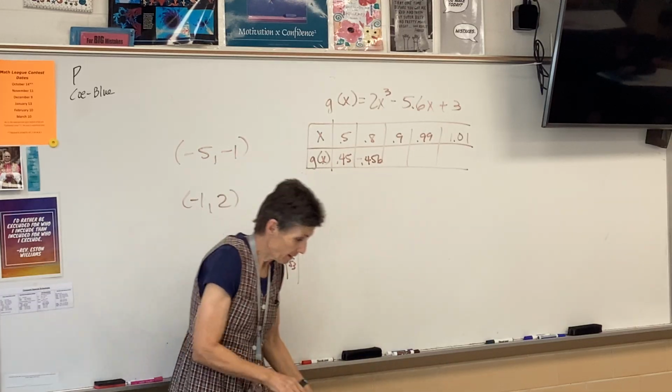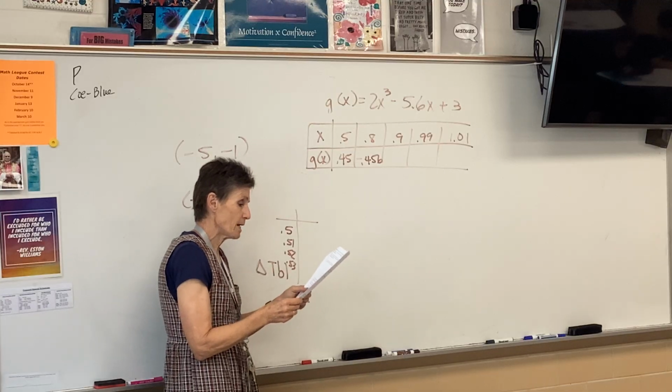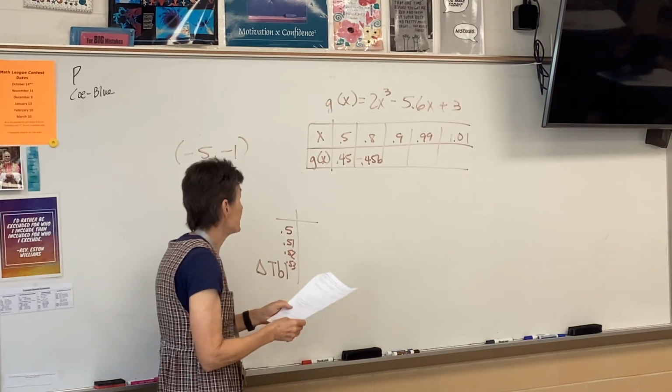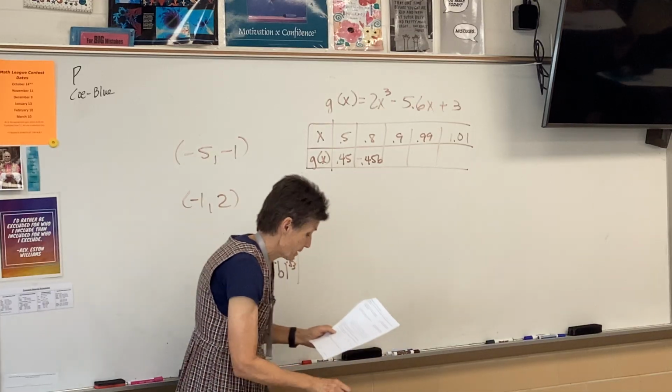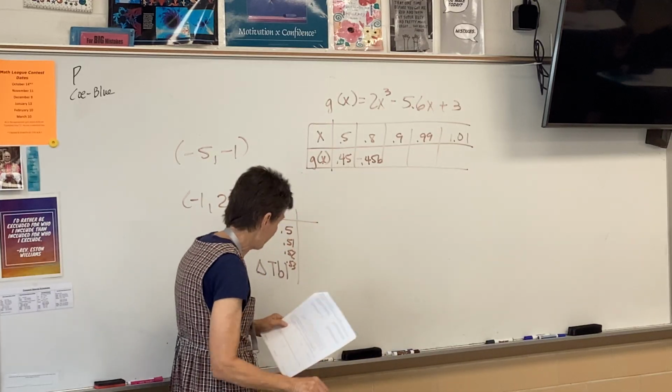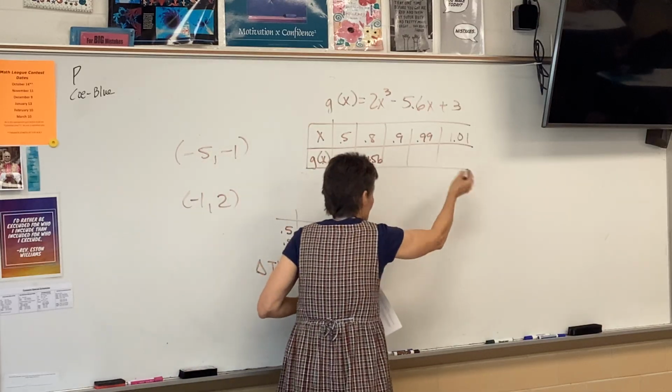Okay, all right, we fill them all up, and then we're gonna find the average rates of change over the following intervals. So, I have not completed my table yet, but you're gonna fill all that in, or you would.